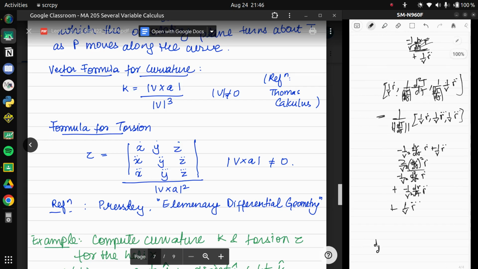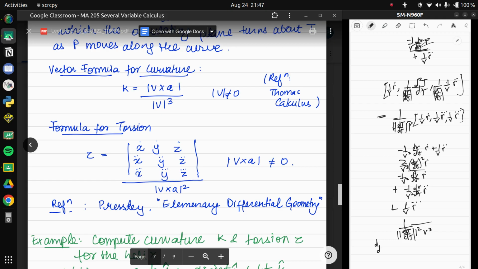So it turns out that this thing is something like 1 upon, that's a square by the way, 1 upon d by dt squared, and then it's got v cubed. Now how does that become v cross a squared? I have no clue.